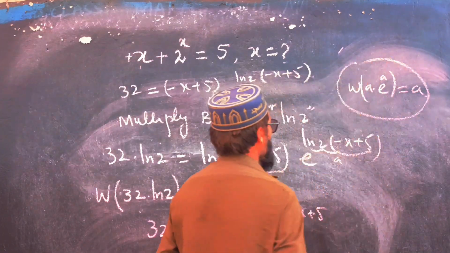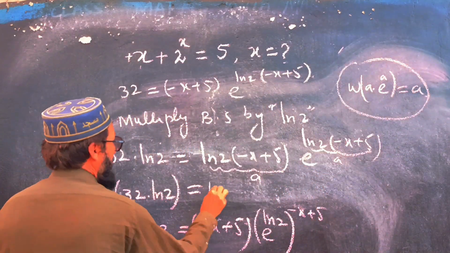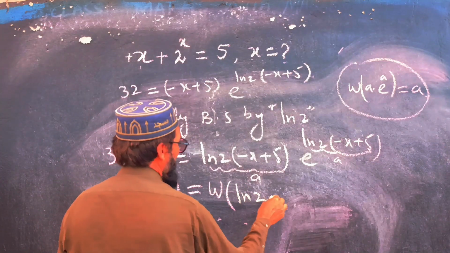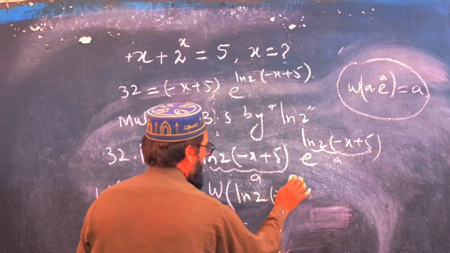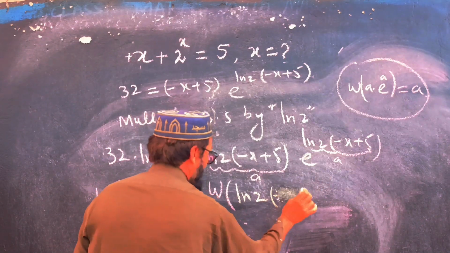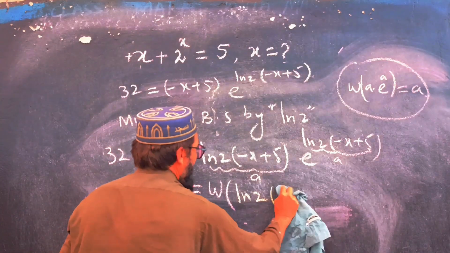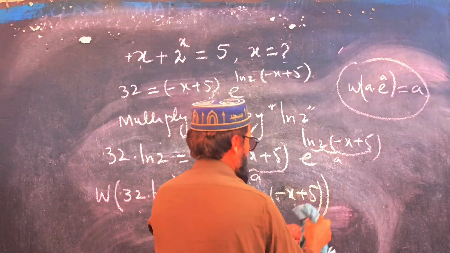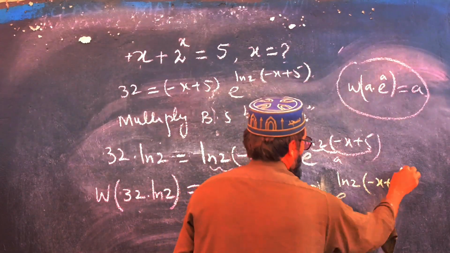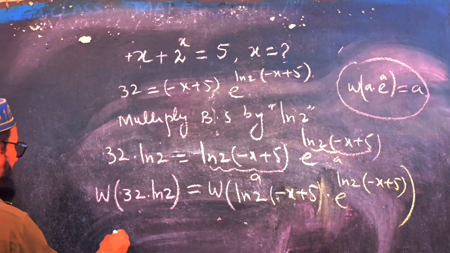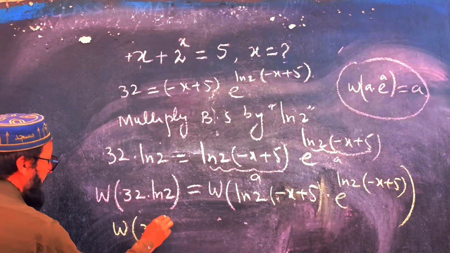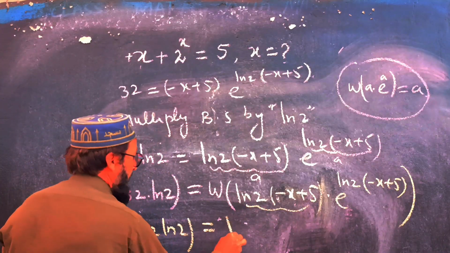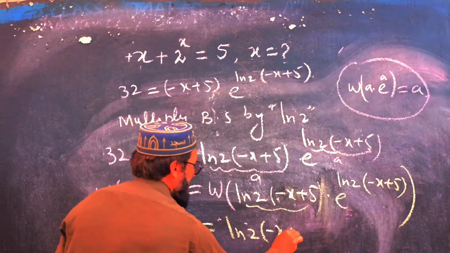According to this rule we can apply W of log of 2 into minus x plus 5, now close the bracket. Now we get W of 32 log of 2 is equal to, this is the value of a, so log of 2 into minus x plus 5.